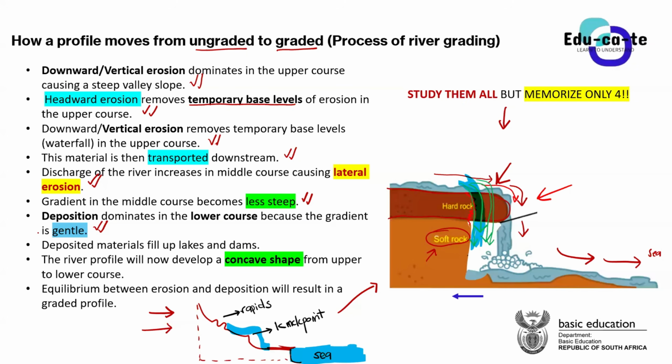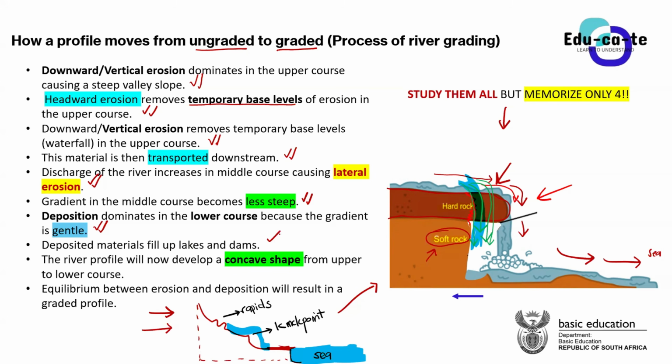But when the gradient changes to become gentle, when we go to the lower course towards the sea, the gradient becomes very gentle. Now deposition will dominate due to this gentle gradient. Those deposited materials will fill up the lakes and the dams.